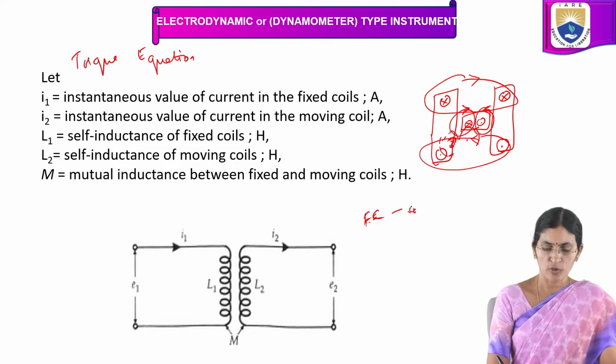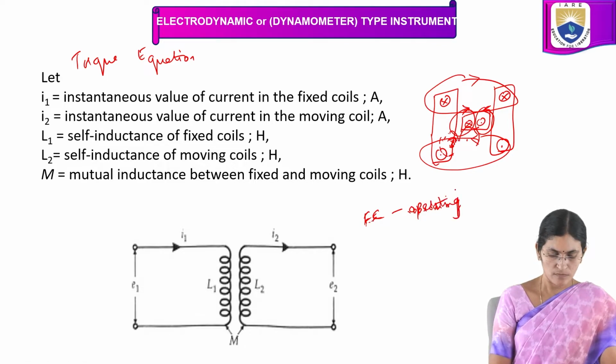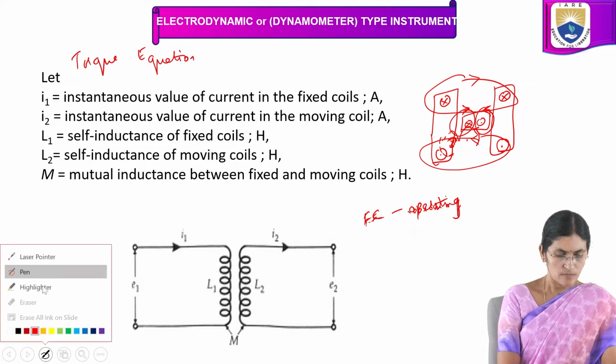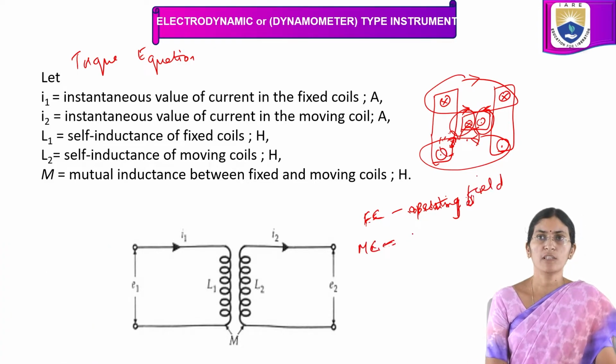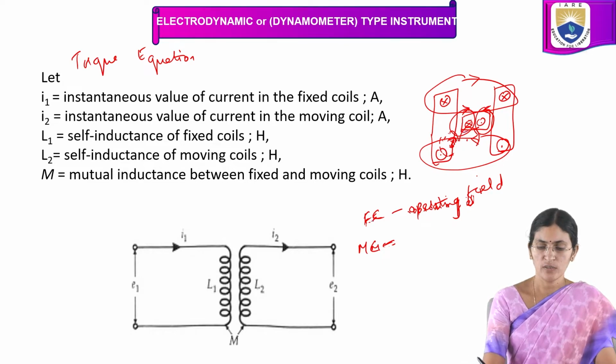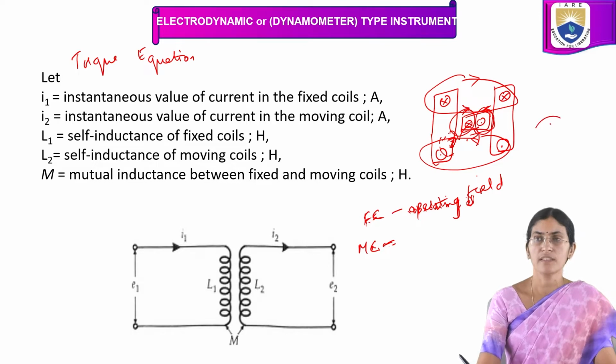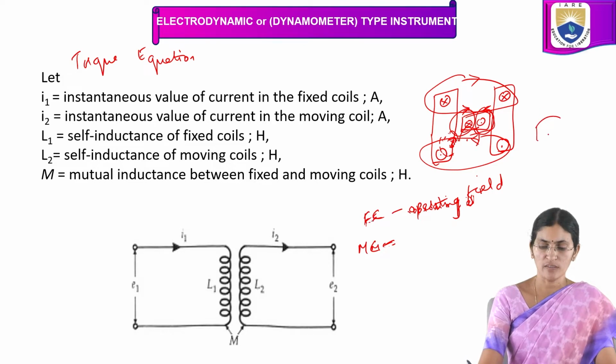The fixed coil will produce the operating field. The moving coil will produce its own magnetic field. Due to the interaction of these two fields, there will be a force acting on the moving coil, so the moving coil will rotate under the influence of these two magnetic fields.